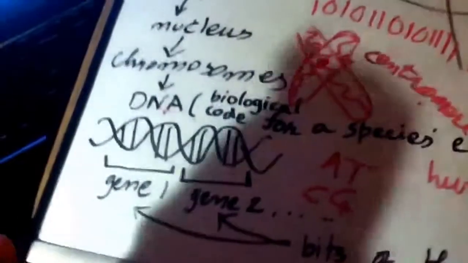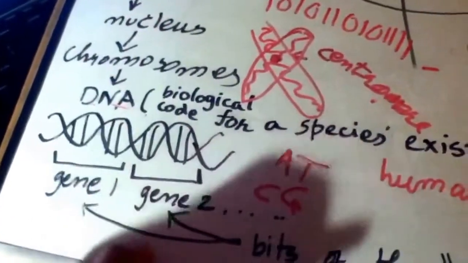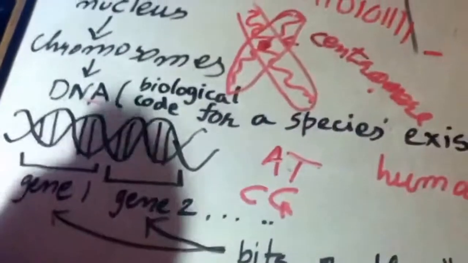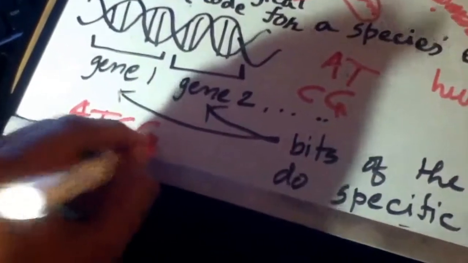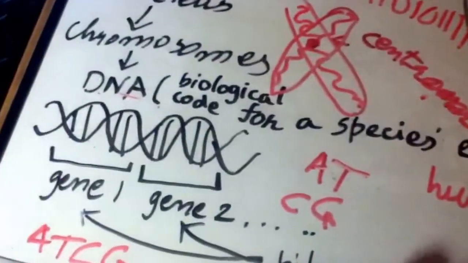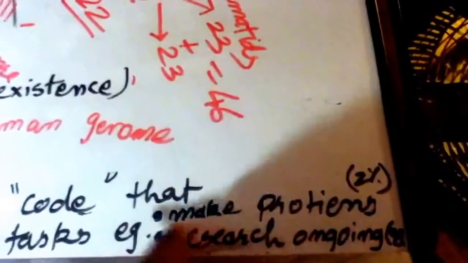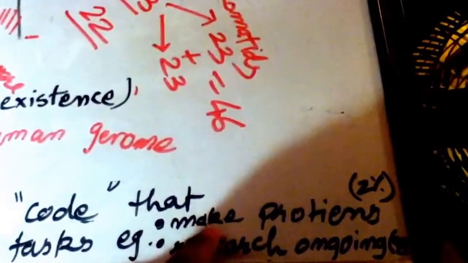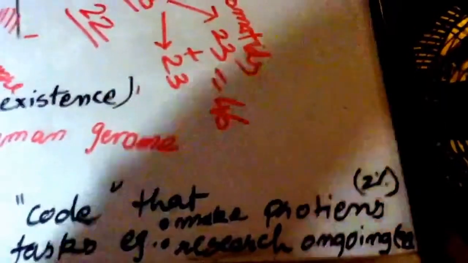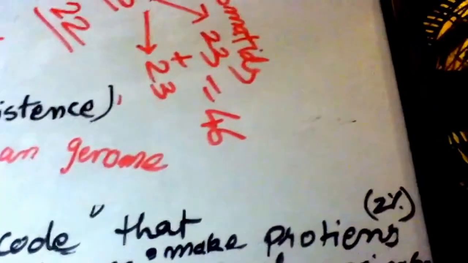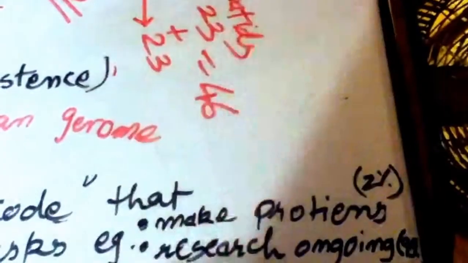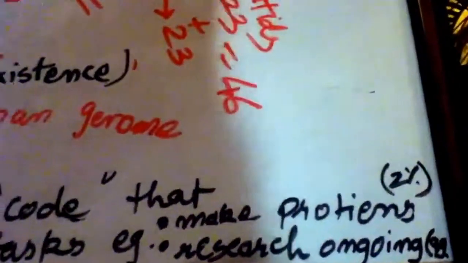Human genome is the entire DNA we have in us, in humans, and the project is trying to decipher what these individual genes do, or what different sections, different combinations of A, T, C, G do, and what they mean. But we have identified that about 2% of the entire DNA sequence is used up in making proteins. So different proteins that we need for our survival have their original code written in DNA.